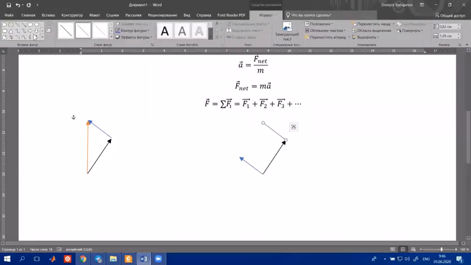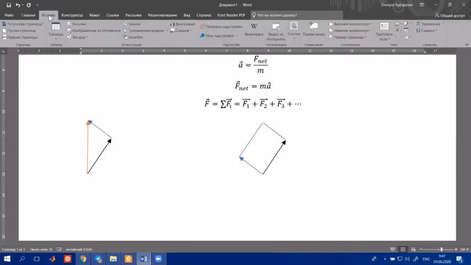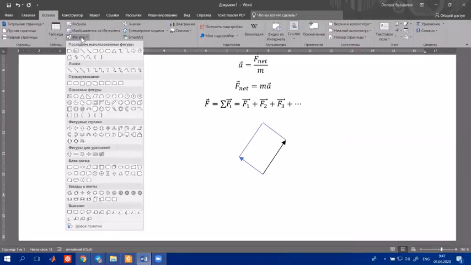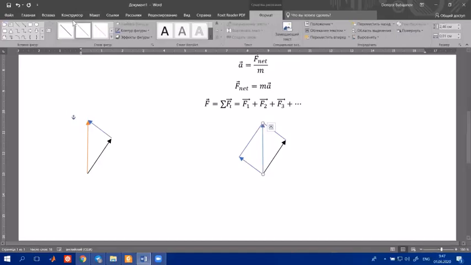And another line also parallel to the second vector. And you have to draw the diagonal of this parallelogram. And the diagonal of this parallelogram will be the sum vector.